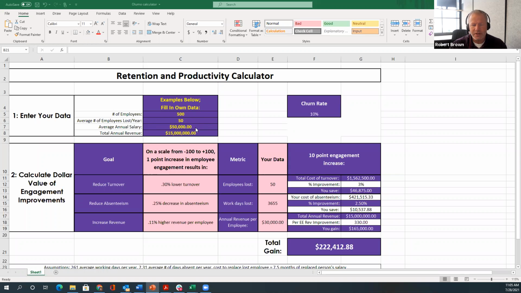Then put in your average salary and your total revenues. It's really going to help you identify the true costs of both productivity and retention, and how driving that up is going to impact your organization.